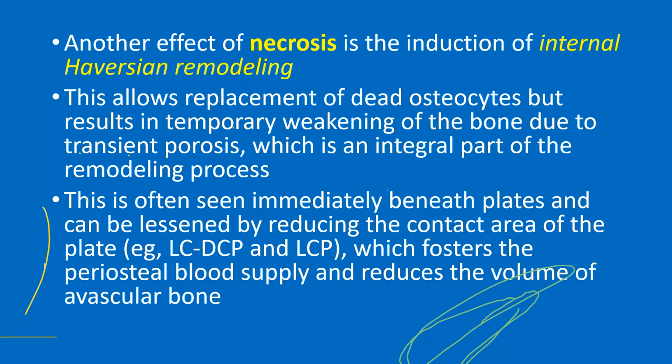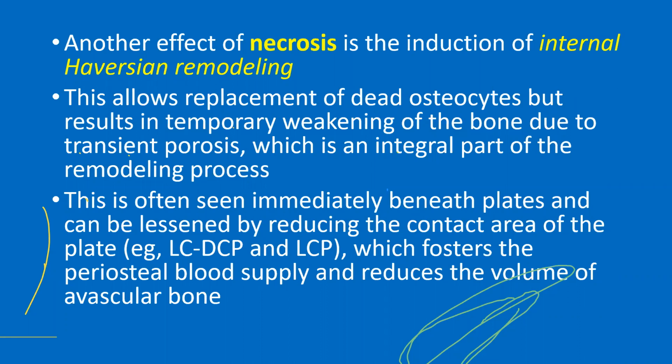Another effect of necrosis is the induction of internal Haversian remodeling. This allows replacement of dead osteocytes but results in temporary weakening of the bone due to transient porosis, which is an integral part of the remodeling process.